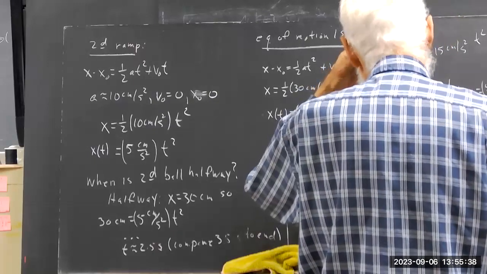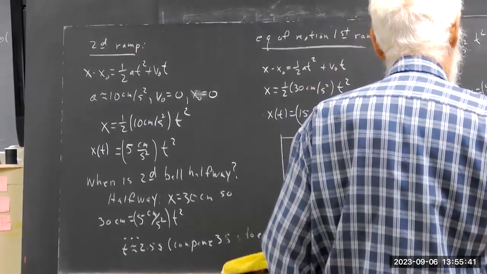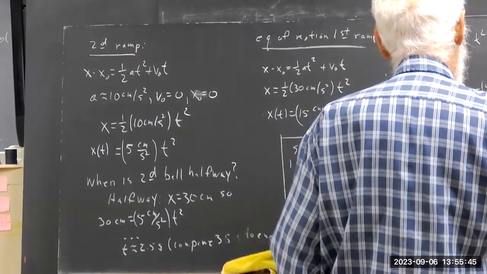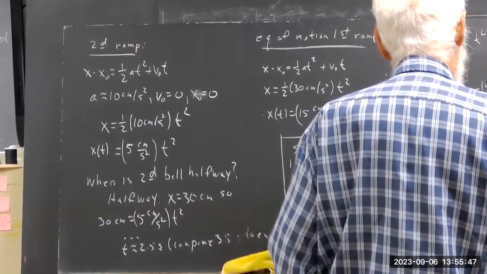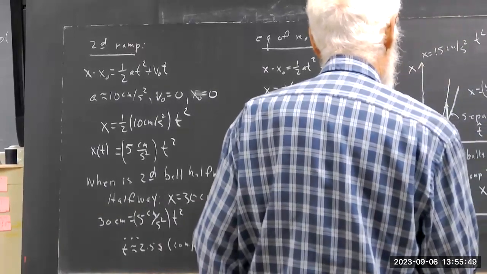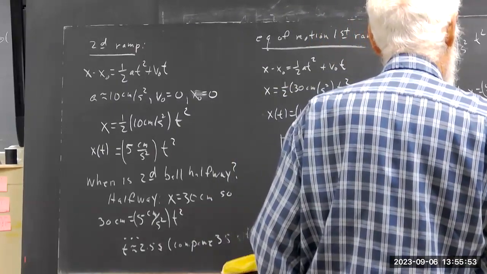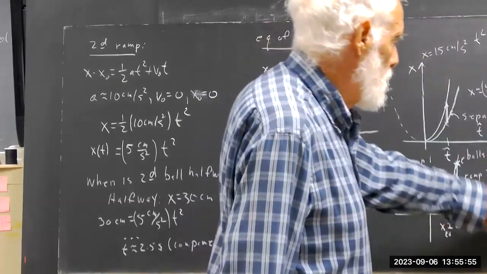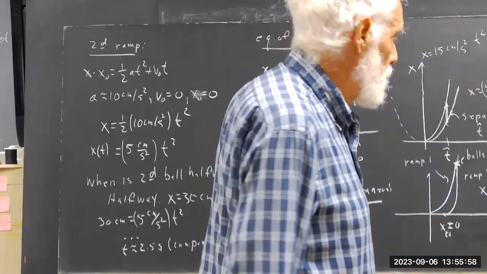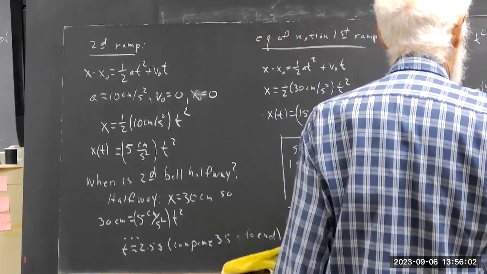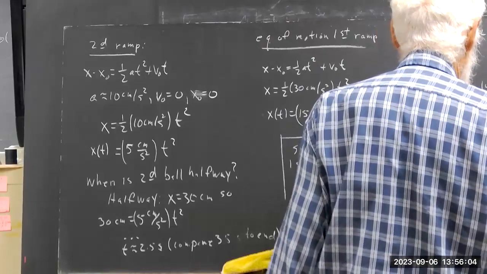Wait a minute, we got 33. So your x of t would be this times t squared plus x0, would be half of that. Actually be about 17 centimeters per second squared and so forth.